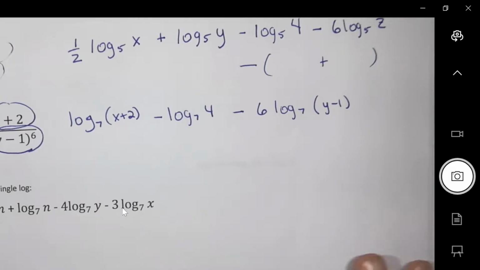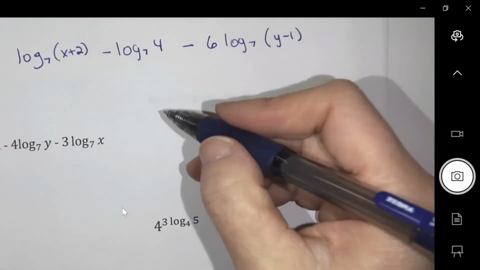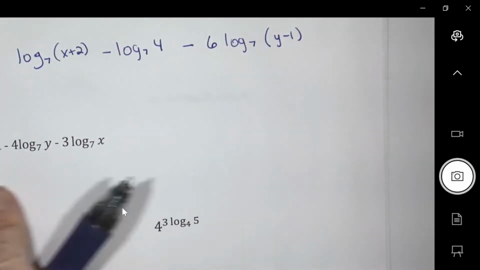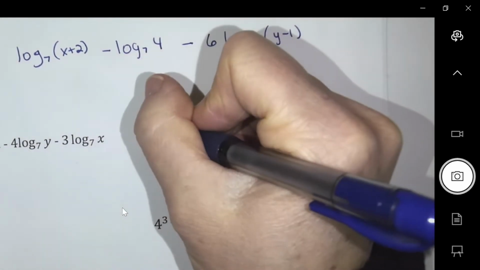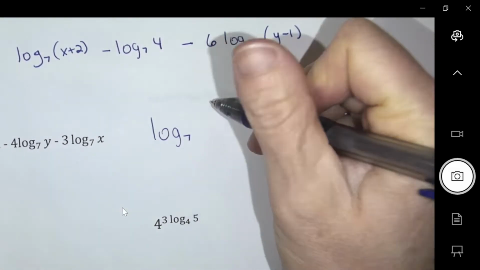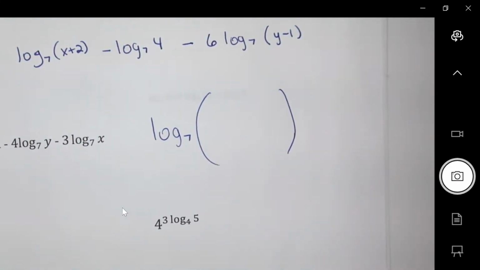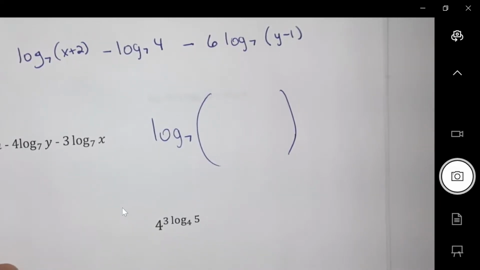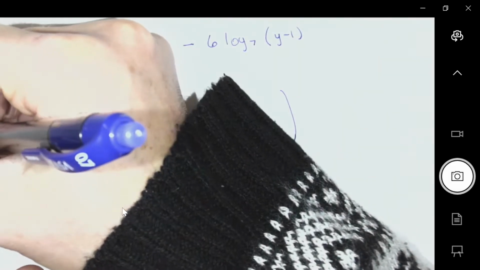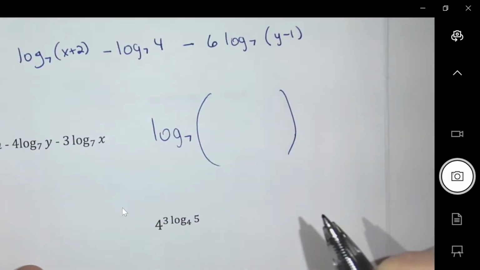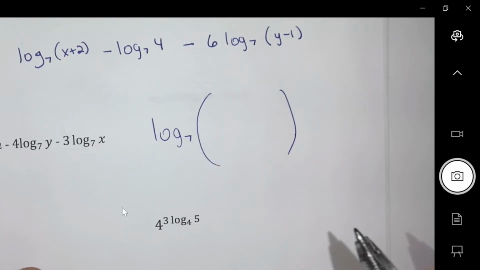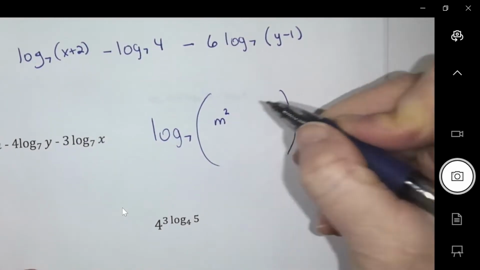Okay, express as a single, so we're going to work backwards. This was expanded and we're going to get it back together. So log 7 of a bunch of stuff. Okay, so to put it back together, I'm going to move the multiplier back to an exponent, so m squared.